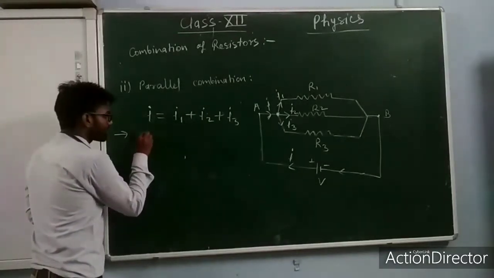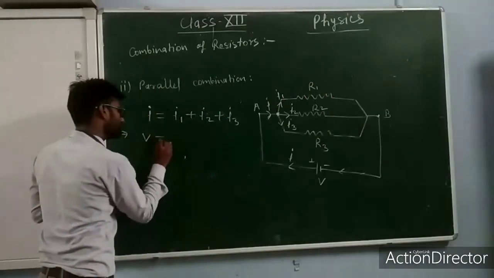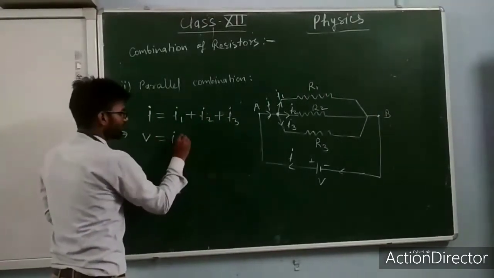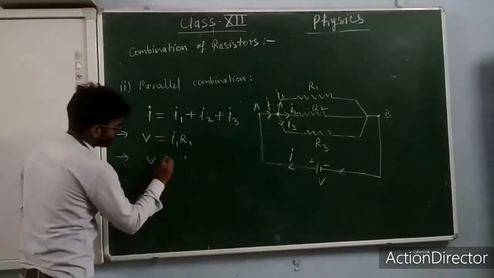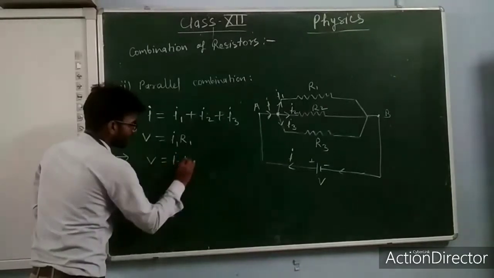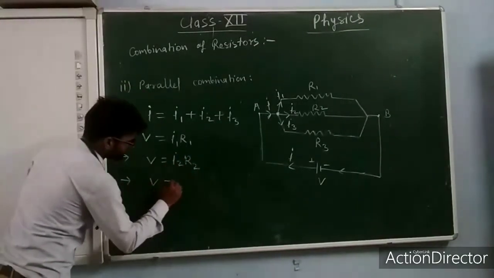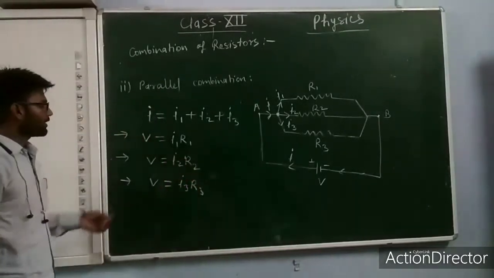So the voltage across this resistor is V, and that is equal to current through R1 is I1 and resistance is R1. Now for second resistor we can apply V equal to I2 R2, and for third resistor V equal to I3 R3, right?